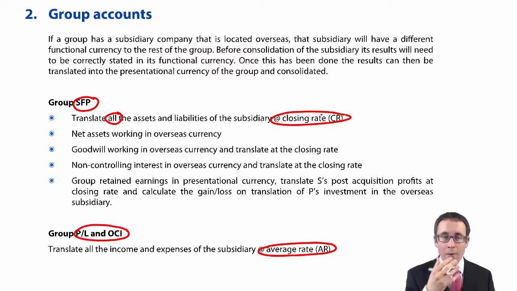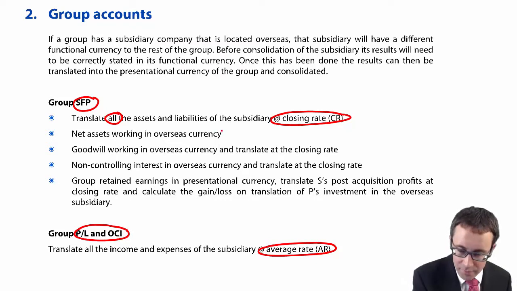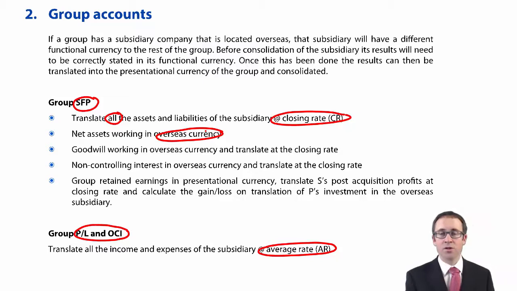Okay. What about your workings? How do we look at the workings to help us calculate some of the figures in the group accounts? Because remember, in the subsidiary, we don't see any goodwill. We don't see a non-controlling interest. They are all part of the workings for the consolidation. So the net assets working is in the overseas currency.